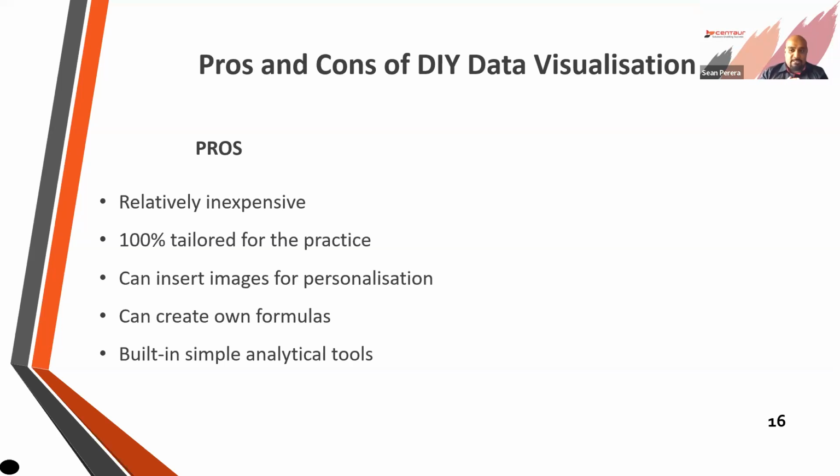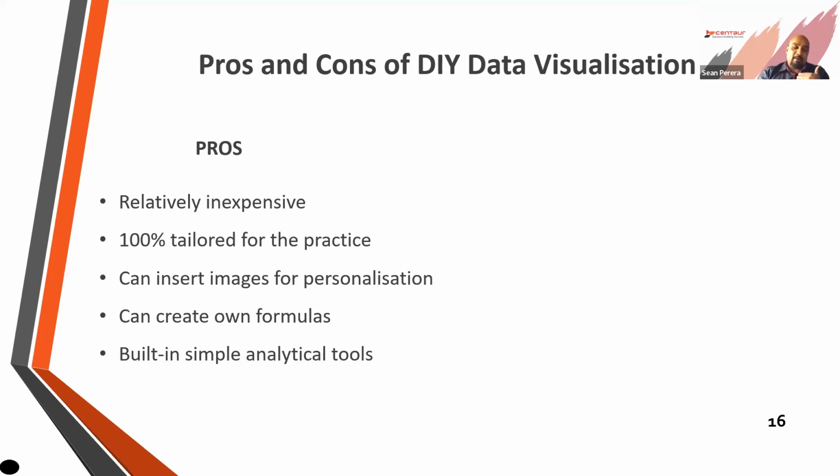If you're doing it for one of your clinicians, you can even have an image of their face, or any other image. You can create your own formulas to suit your needs. A good example of this is when I calculate my inactive patients at my practice, I don't use the traditional 18-month period.